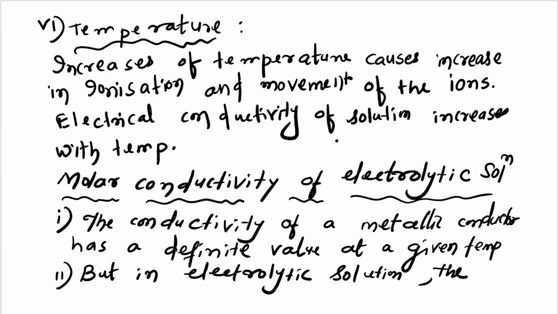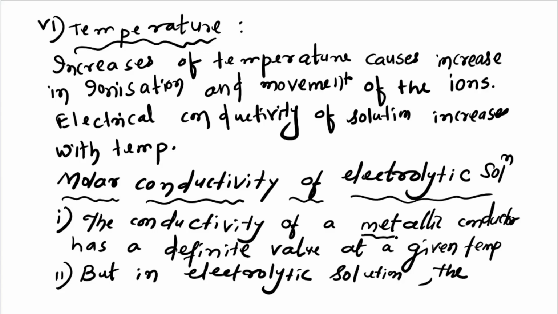After electroconductivity, you can say what is molar conductivity of an electrolytic solution. Molar conductivity, what is it related to? First, the conductivity of a metallic conductor. See, metallic conductor, very important.